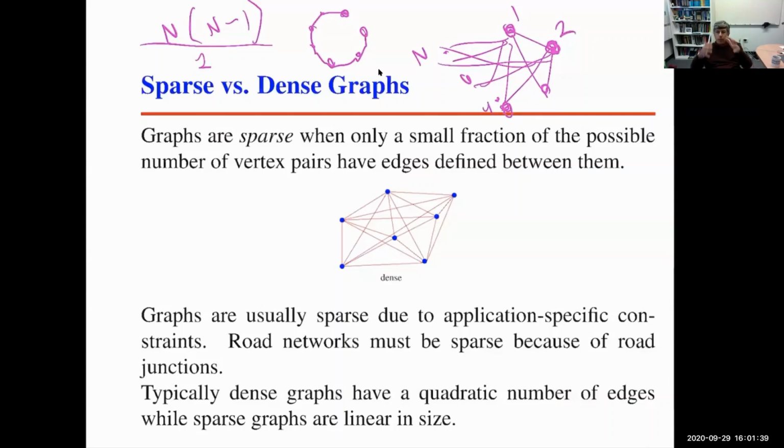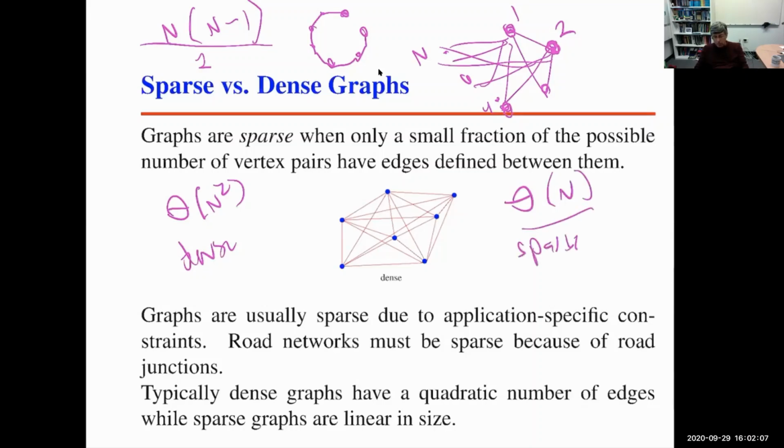If their Facebook page were a bunch of these people, none of them would have edges to anybody else. That's no problem, it tells us something about them. In general, though, we say that a graph is dense if it's got theta of n squared edges. And generally, if it has theta of n edges, a linear number of edges, that's typically what we mean by sparse.